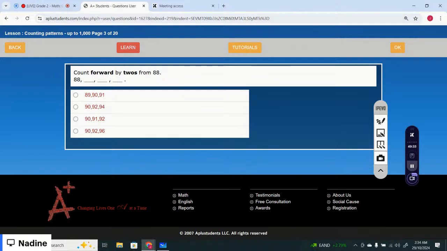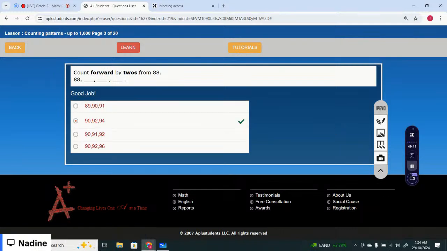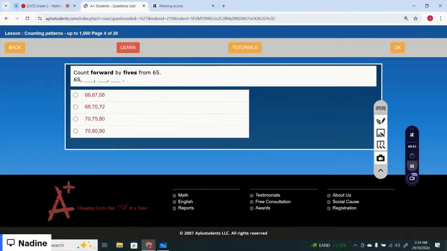That is 90, 92, and 94. Option number 3 is the correct option. Count forward by fives from 65. So, which is the correct option?